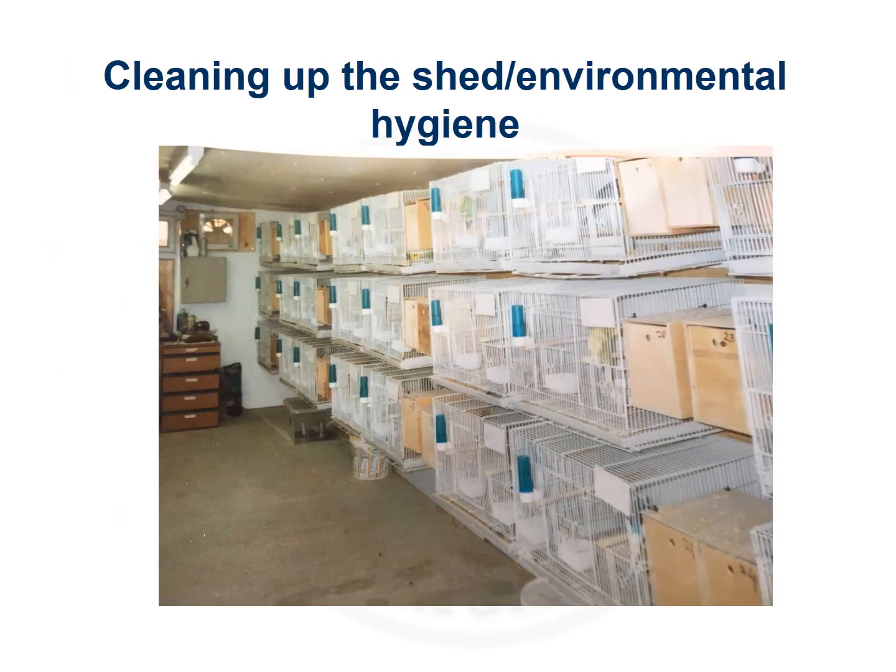You've got to clean up the shed, okay? And depending on the nature and style of your shed and environment is going to impact on how easy it is to clean and hygiene. That comes back to, again, seeking advice on what is the easiest way to clean up your shed. How can you control things best? And it depends completely on design and setup, on how hard or easy you have made that job.